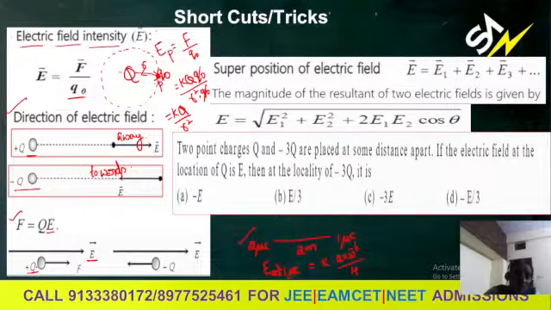If a negative charge is present in the field, you can observe in the second diagram, the field is in the right direction only, but the negative charge experiences the force opposite to the direction of the field. So if they ask the direction of the force where the charge is kept in a particular field, this is how to answer.